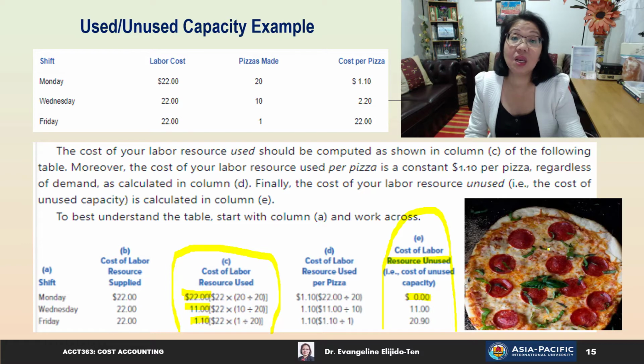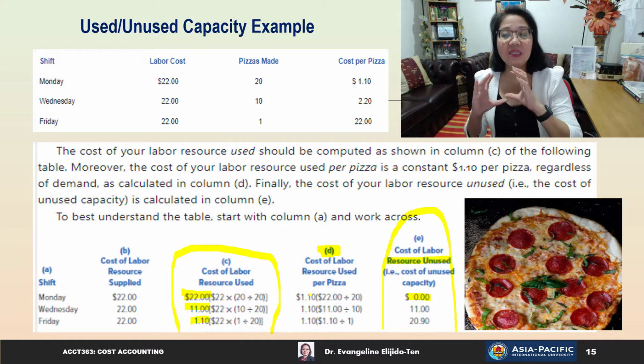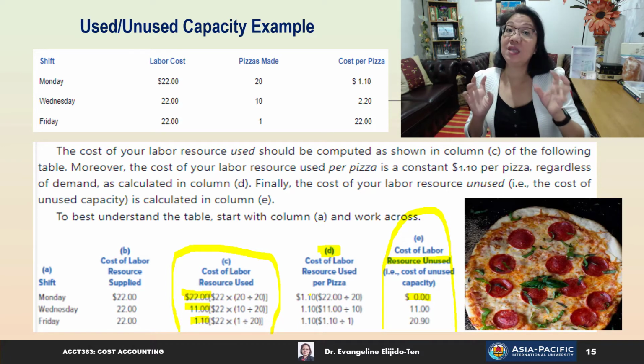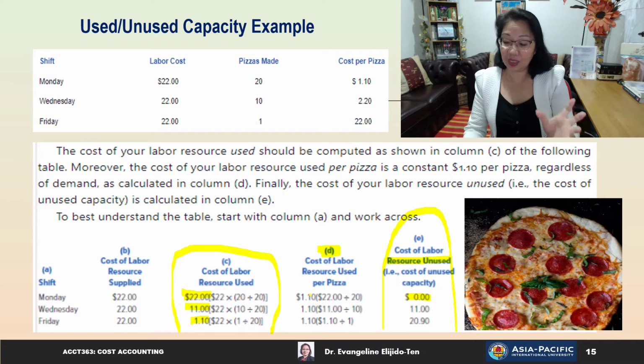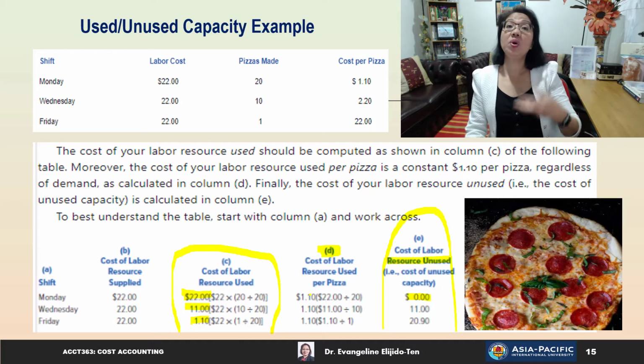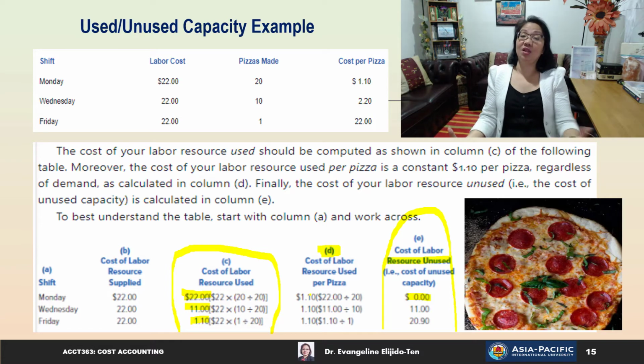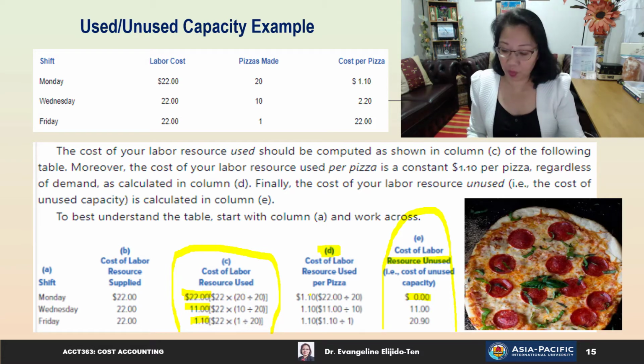In this case, as shown in column D, the cost of labor, the resource used per pizza, will be the same, $1.10 per pizza. All right, it's the unused resource as well as the used resource that will differ depending on the number of pizzas, the volume or the quantity demanded in terms of the pizza production.